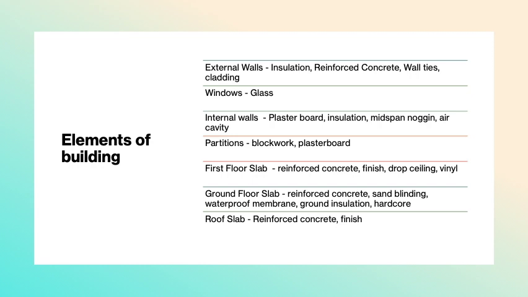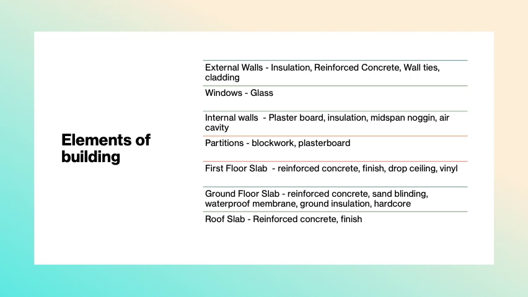Then we have windows, which consist of probably two panes of glass and an air gap in between. And then we have internal walls, which consist of plasterboard, insulation, a midspan noggin, and an air cavity. And then we have partitions, which consist of blockwork and plasterboard.